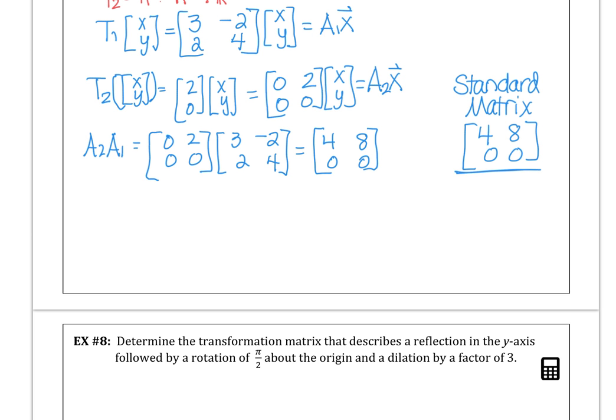So now that we know the standard matrix, let's suppose that you wanted to find the composition of T sub 2 composed with T sub 1, and we had the vector [-2, 3]. We could use that standard matrix.